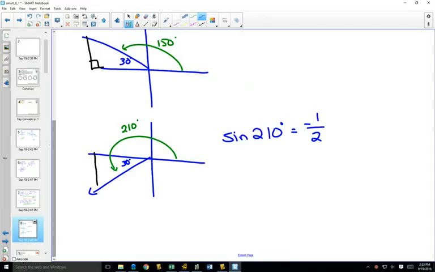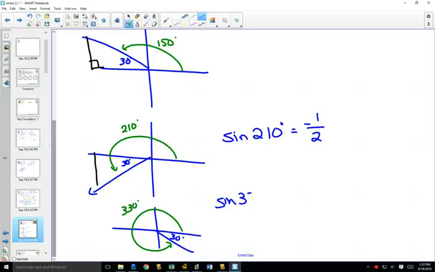And same thing if we did the reference angle of 30 degrees for quadrant 4, looking at 330 degrees. Type that into your calculator. We also get -1/2. Now, why are these ones negative?